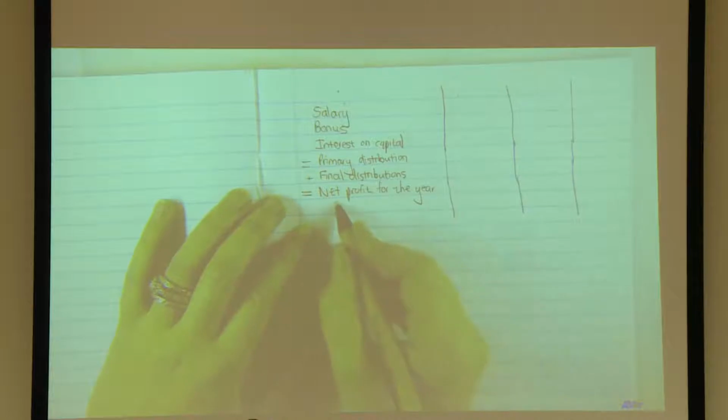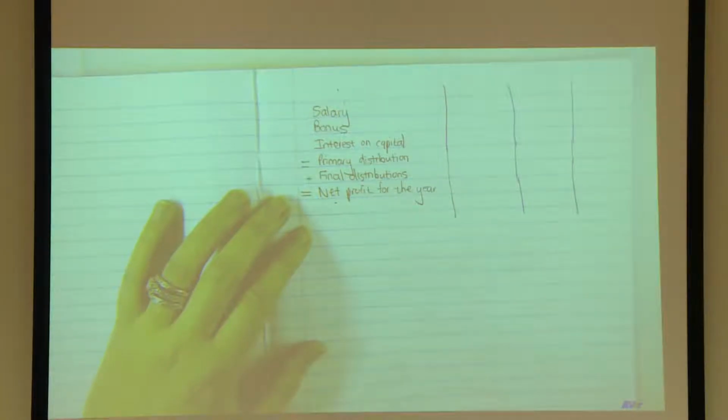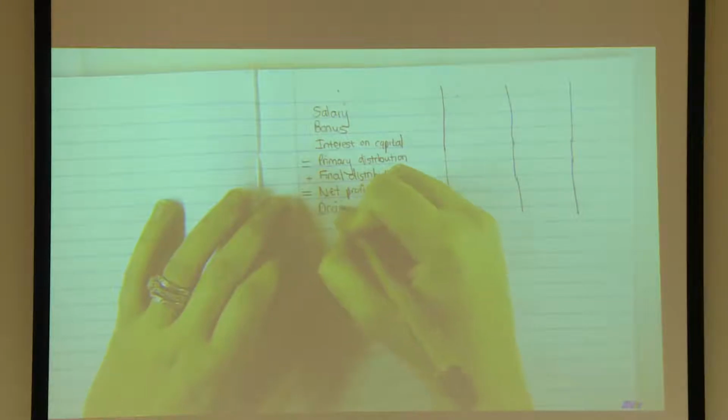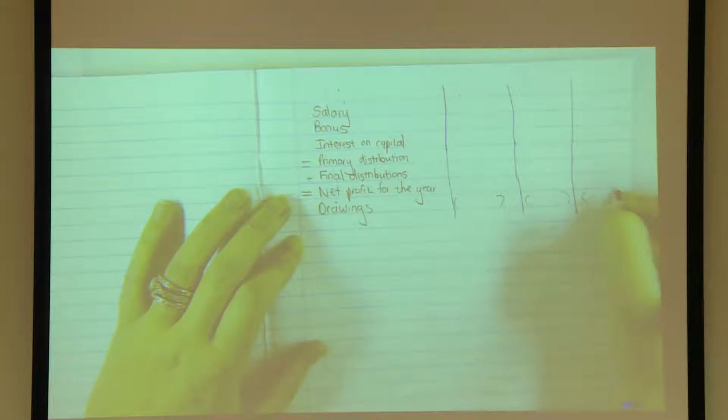Right, now, what is always closed off to the current account? Okay, so that is our next step. Drawings is always subtracted, so that's why it is in brackets.